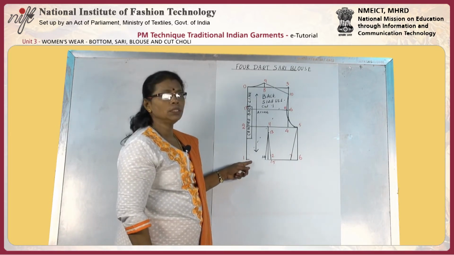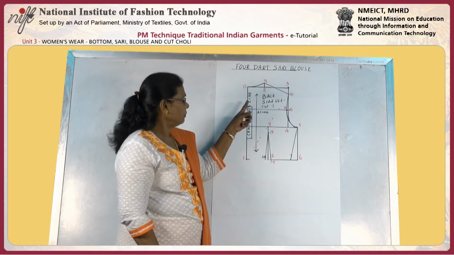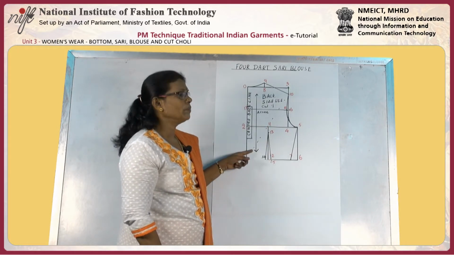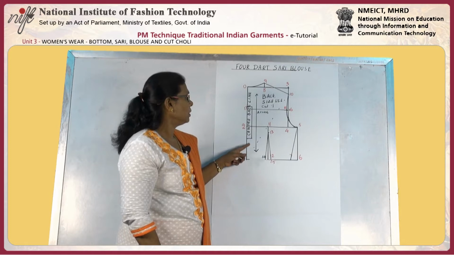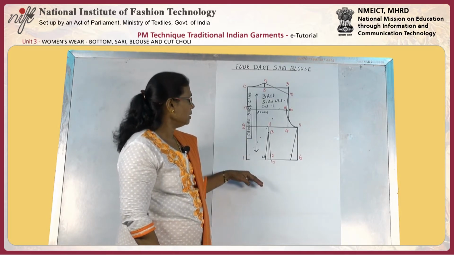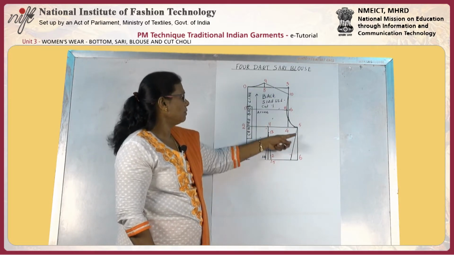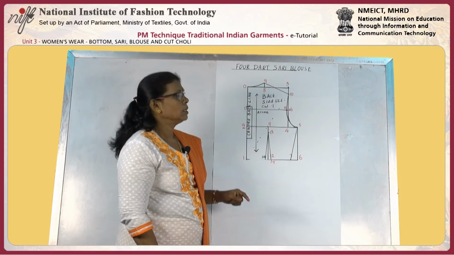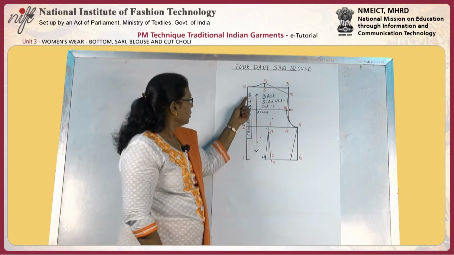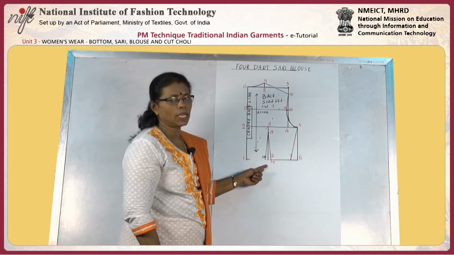So this is the ready pattern, which is not included with the allowances. If you wanted to take the production pattern, we should again trace this with the seam allowance at the neckline, shoulder line, armhole, side seam and waistline.